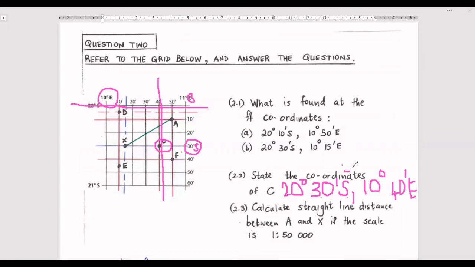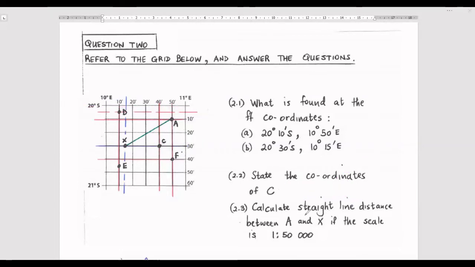That may carry you a mark for there, a mark for there, could be more marks in the examination. The last question: calculate the straight line distance between point A and X if the scale is 1:50,000. Straight line distance also means as the bird flies or as the crow flies.